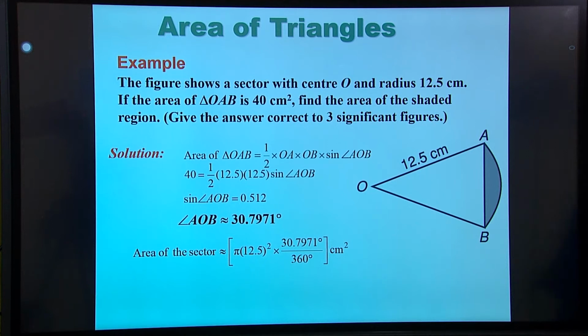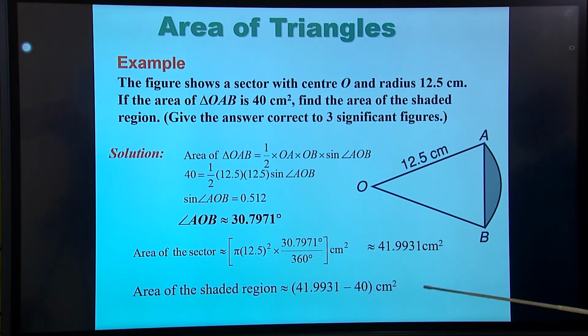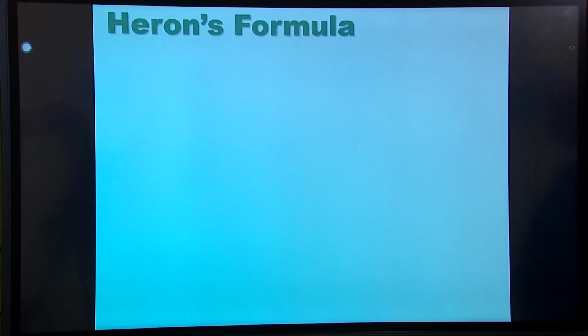Okay, so that is the area of the sector, which means if I subtract the area of the triangle, 40, I will get the answer. Now, 3 significant figures, 1.99. Okay, that means 2 decimal places, but 3 significant figures.